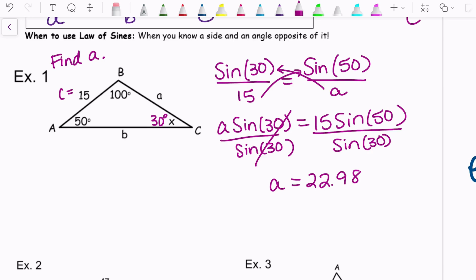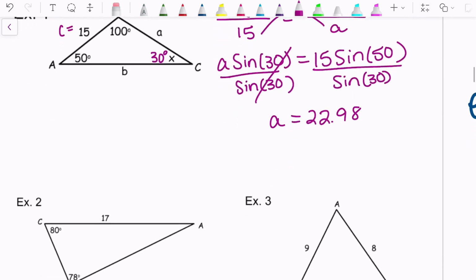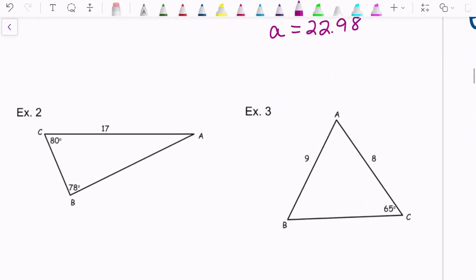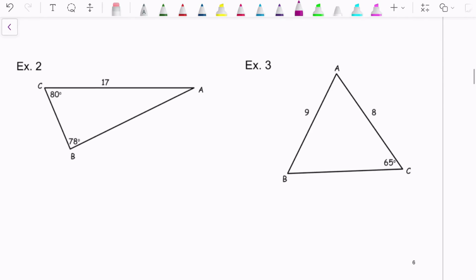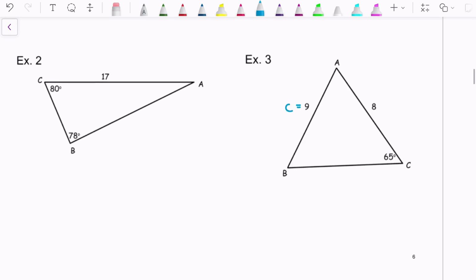All right. I'm going to skip to example 3 because it's an example where you need to find an angle. So if I'm finding an angle, I'm looking here, I have a pair, I have side C is 9 and angle C is 65.